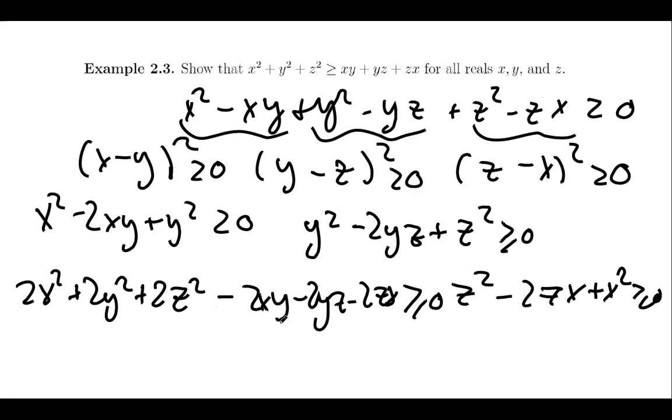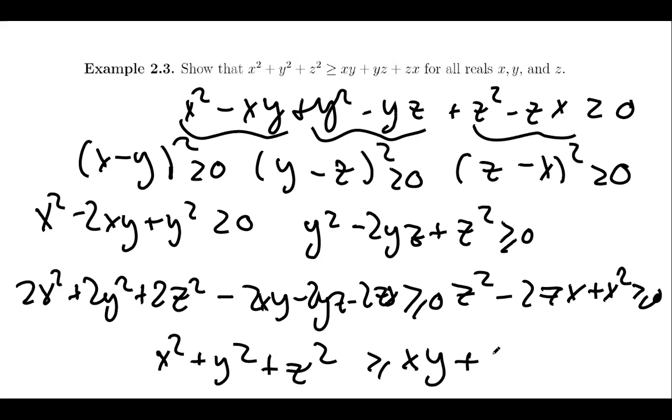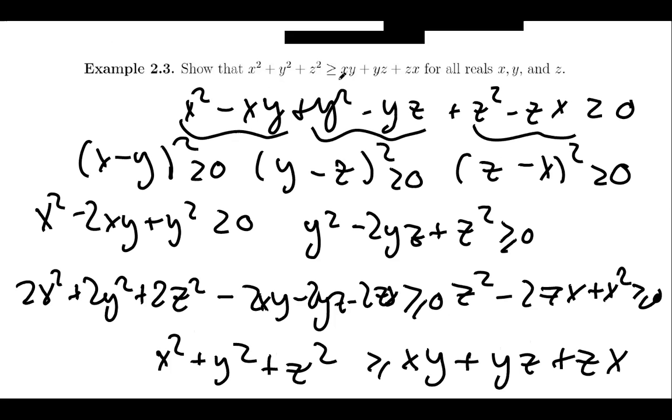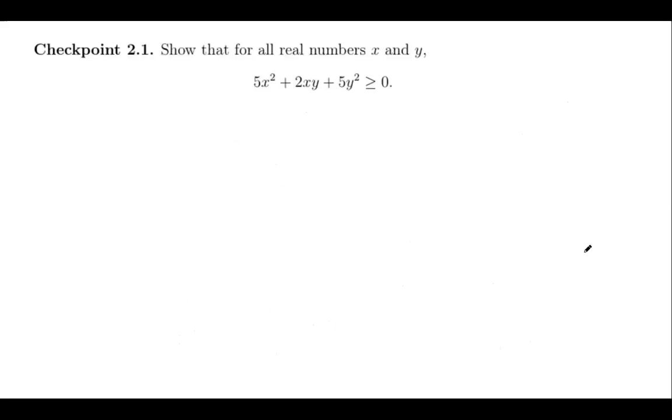And if we divide by 2 and move the cross product terms to the other side, this gives us x squared plus y squared plus z squared is greater than or equal to xy plus yz plus zx. Okay. So we've shown that the statement is true.